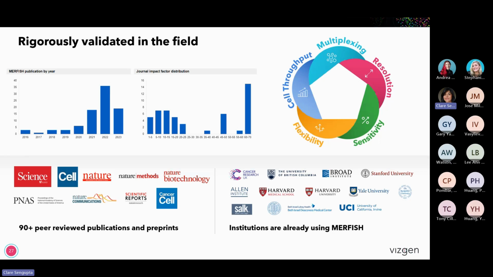So this is all just to say that even though this is a new technology, our original Science publication for Merfish was published in 2015. This has already been widely demonstrated for lots of different applications and many different tissue types by some very effective researchers.